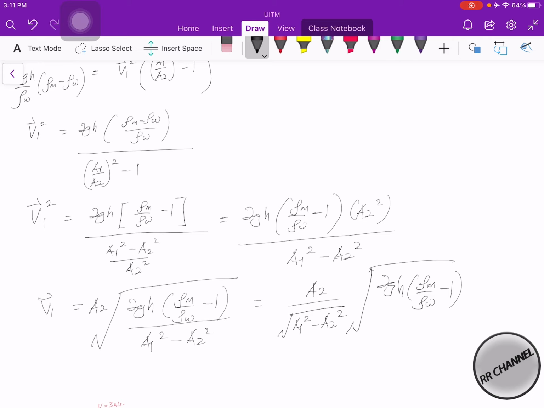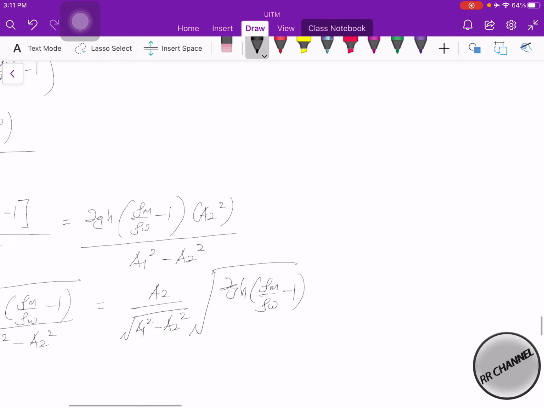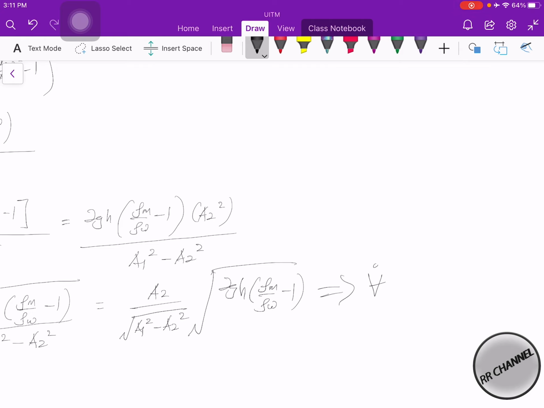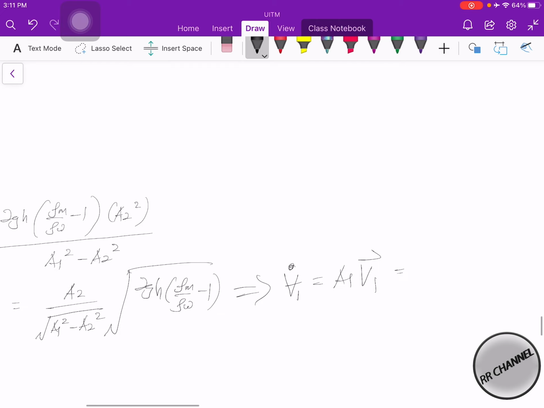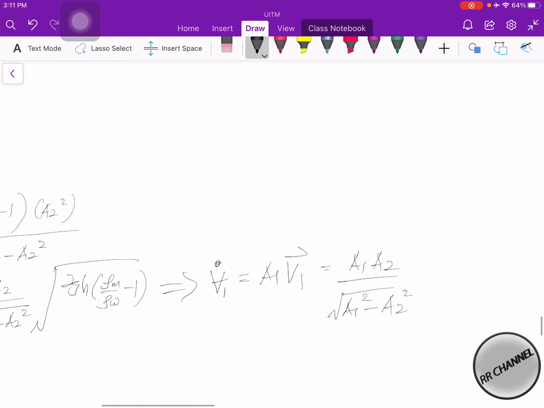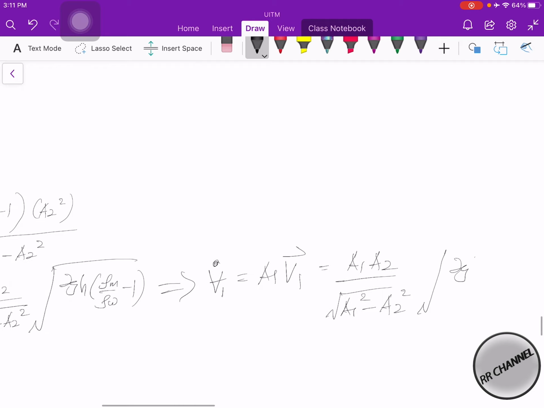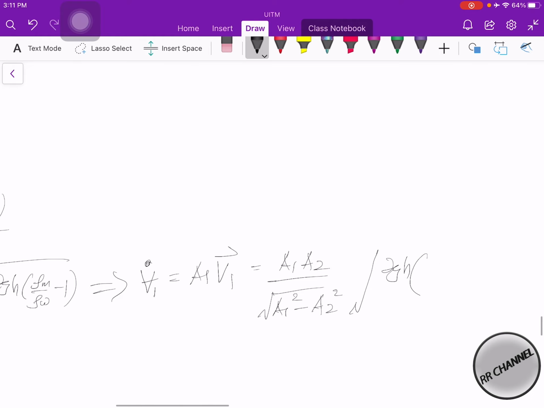We just modify this: V dot 1 equals A1 V1, so you get A1 A2 over the square root of A1 square minus A2 square, times the square root of 2g h times rho m over rho water minus 1.